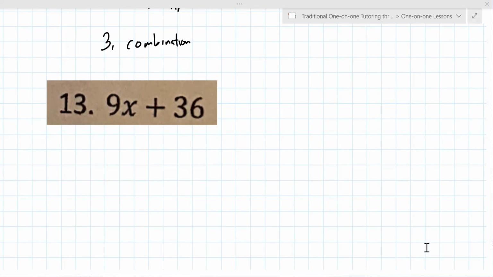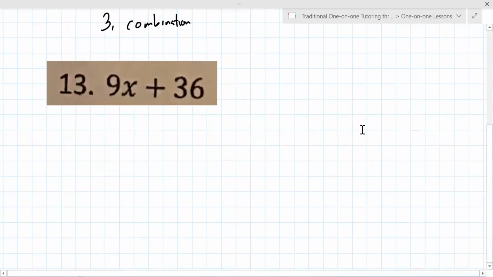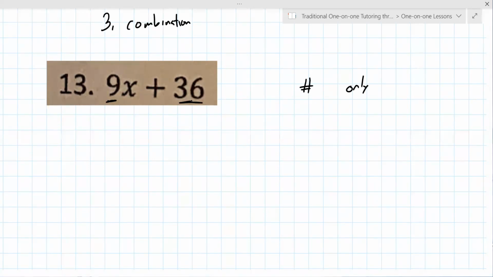Got it. So we're gonna do 13 first, and this is a number only. Okay, so you look at 9, you look at 36, and you think to yourself, what number goes into both? 4 does not go into 9. 4 goes into 36 for sure. Has to go into both numbers.